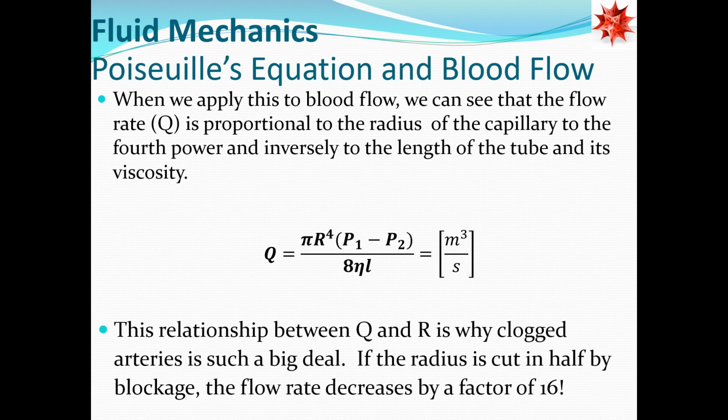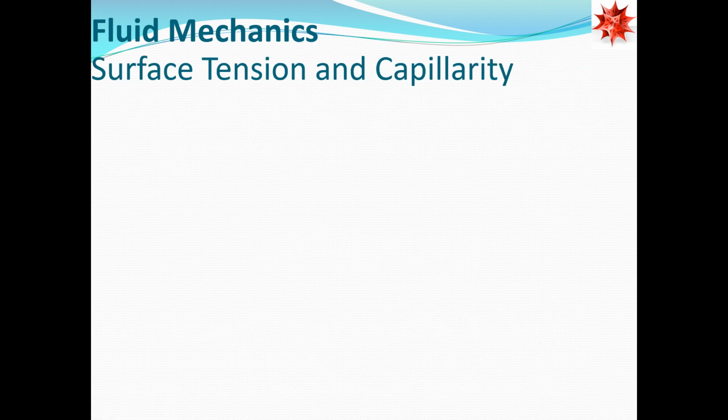This shows why clogged arteries are so important. It says here that if the radius is cut by half, then the flow rate decreases by a factor of 16. So yikes. Very important to make sure to keep those arteries clear.